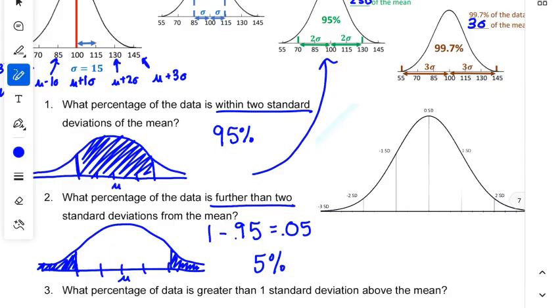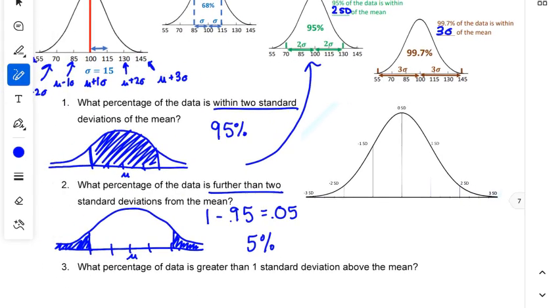Okay, before we go on to the next one, let's look at this model right here. We're going to find what each one of these bars represents. So this is the mean.